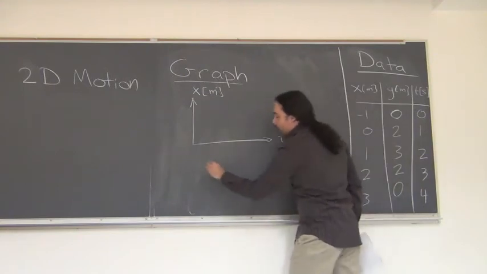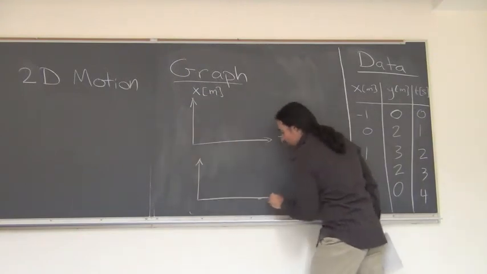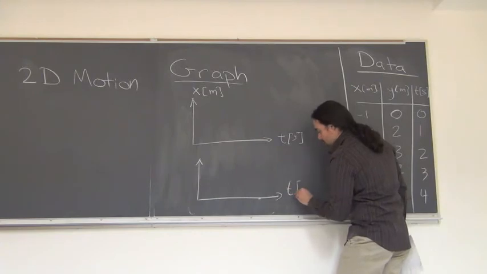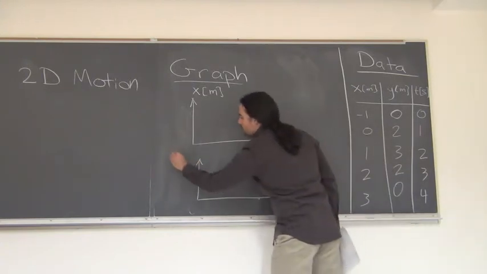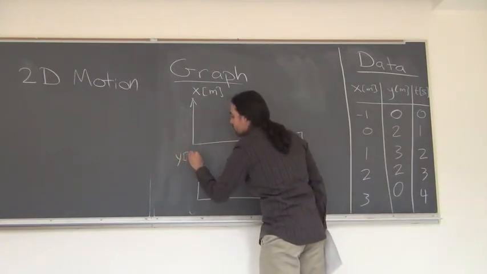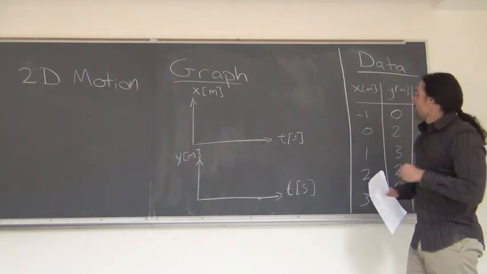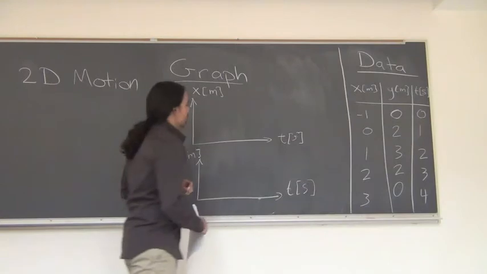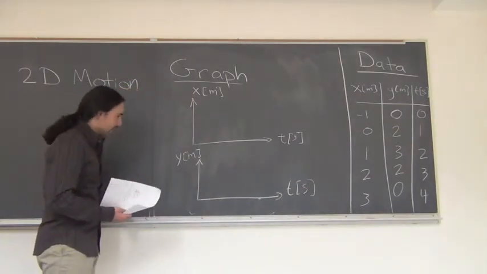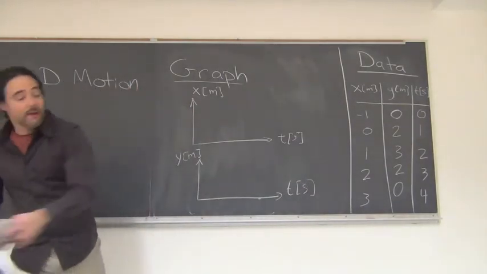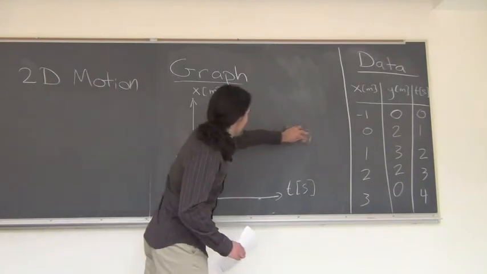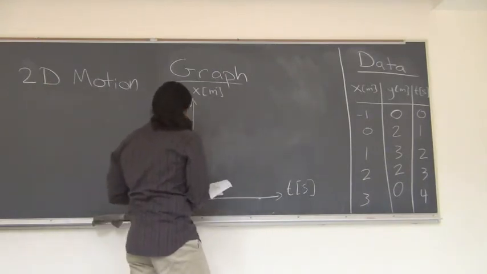And I can set up a graph that plots y versus time. Again, y in meters, time in seconds. If I look at my data table, I actually have to make my time axis a little bit higher here so I can fit it all in.